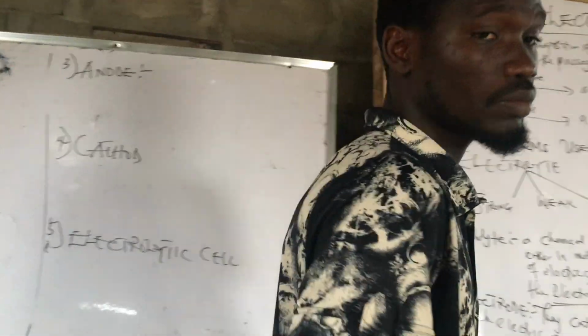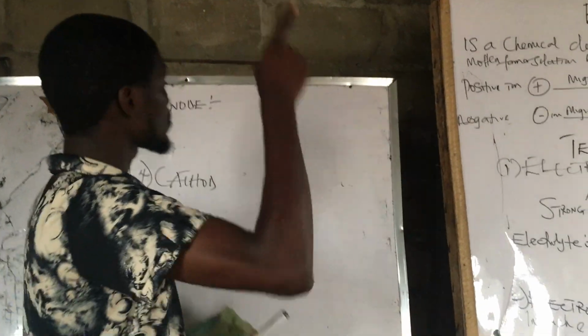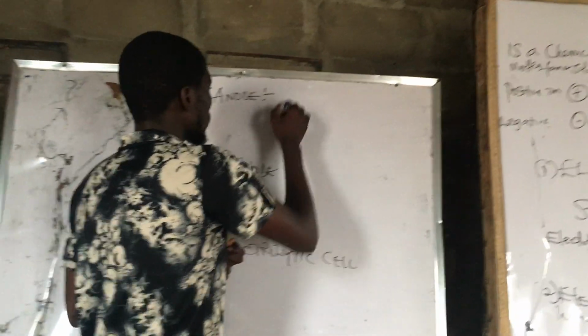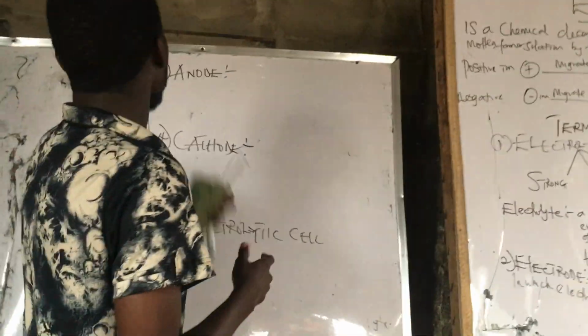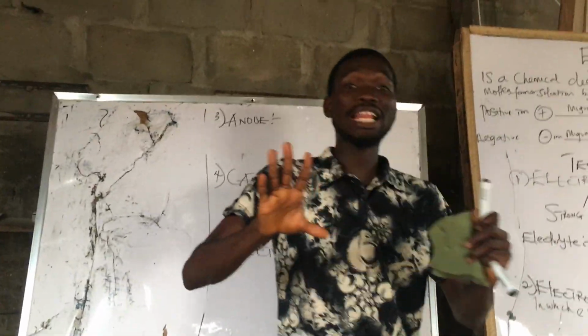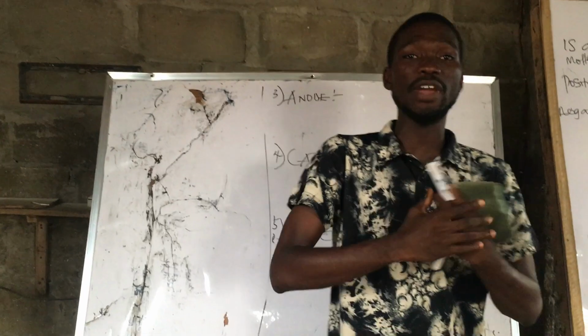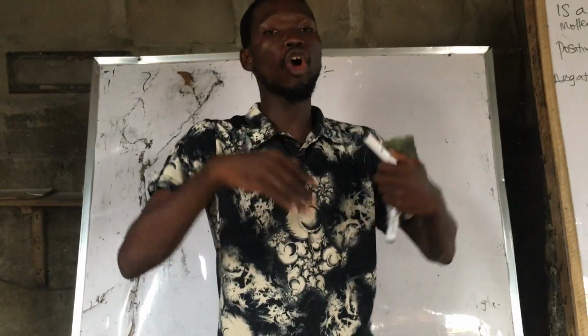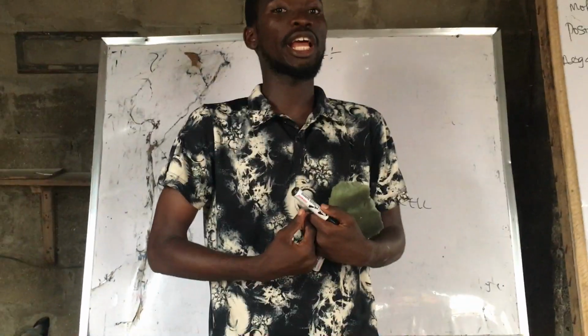So class, when we look at the terms used now, for the anode, we can say an anode is a positive electrode in which electric current enters or electrons leave the electrolyte.